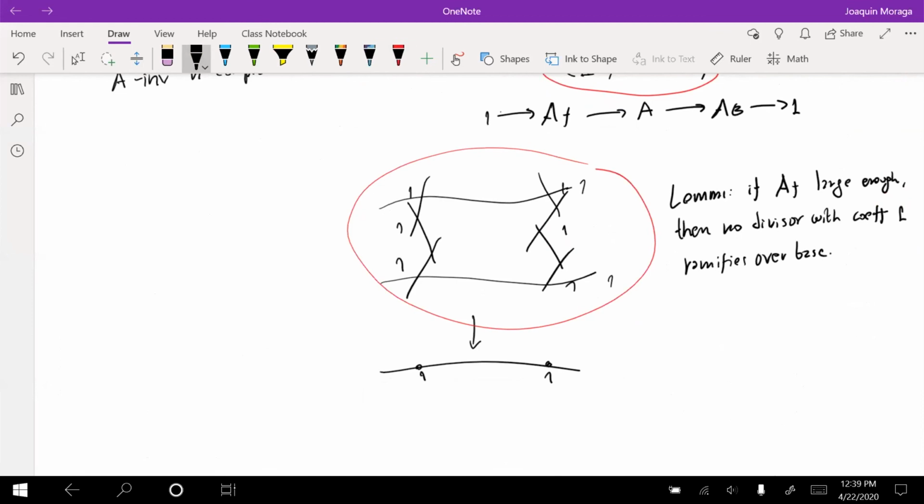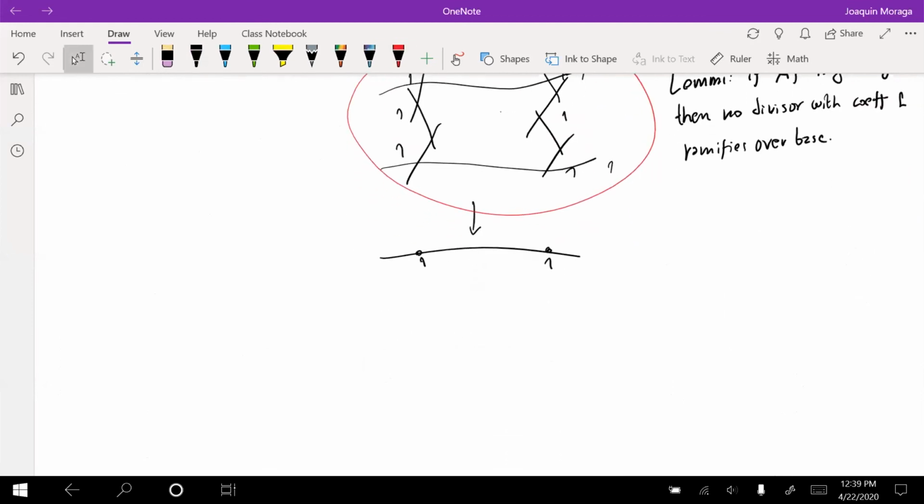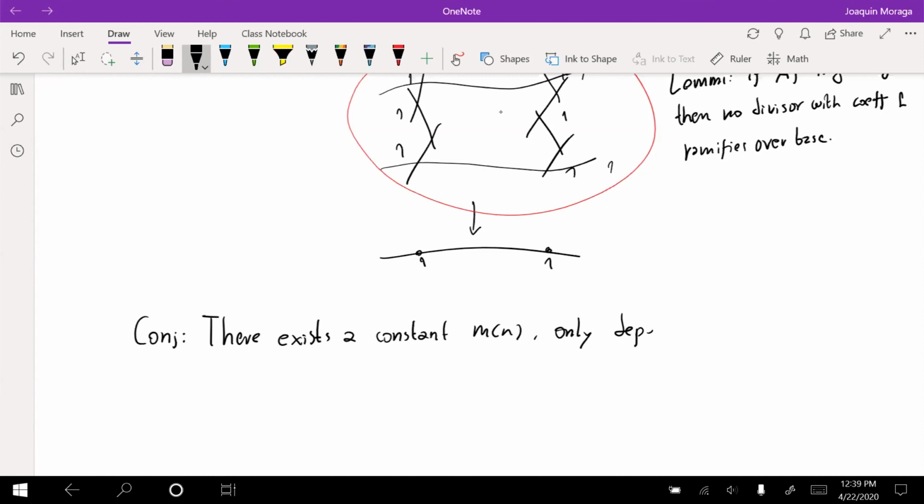So let me finish by posting some conjectures that I've been working on. So the conjecture is the following. There exists a constant M_n only depending on n, satisfying the following.